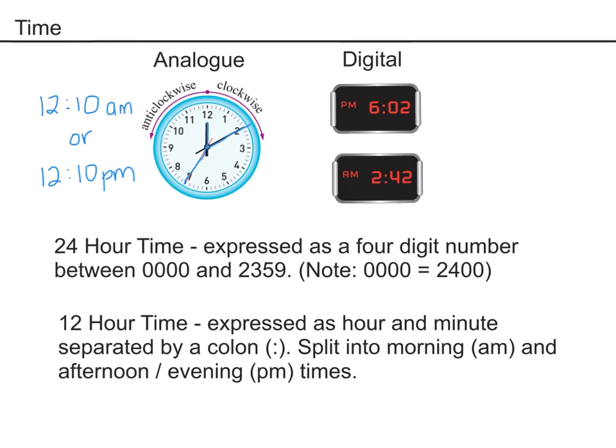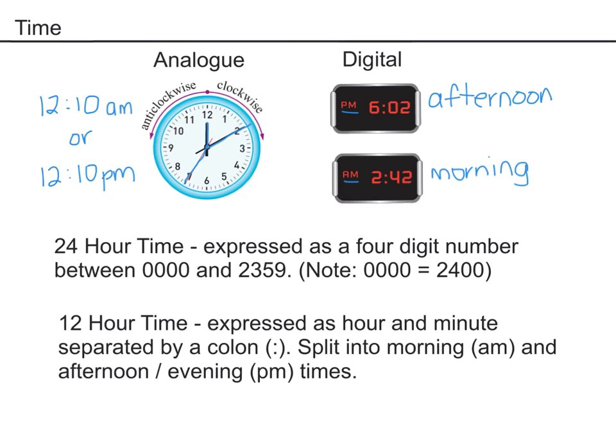The digital displays, however, very clearly state whether we are in the morning with AM time, and so this one reads 12:42 in the morning, or whether we're working in the afternoon, such as this display, reading 6:02 p.m.